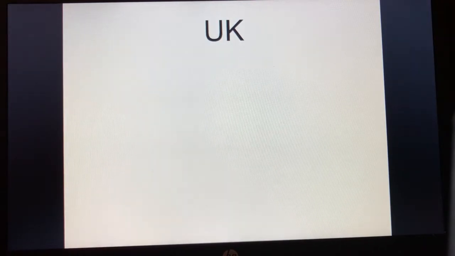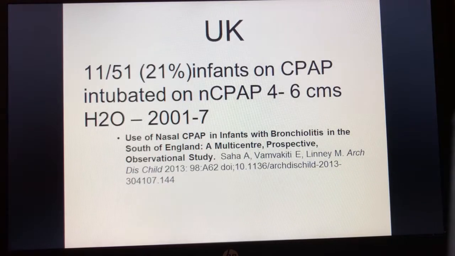Finally, I'm going to just go through some of the UK-based evidence. You remember we mentioned that on the south coast of England there was a study published looking at 51 infants between 2001 and 2007 and the rate of intubation in children being given CPAP of 4 to 6 centimetres of water, and they were achieving an intubation rate of 21%.